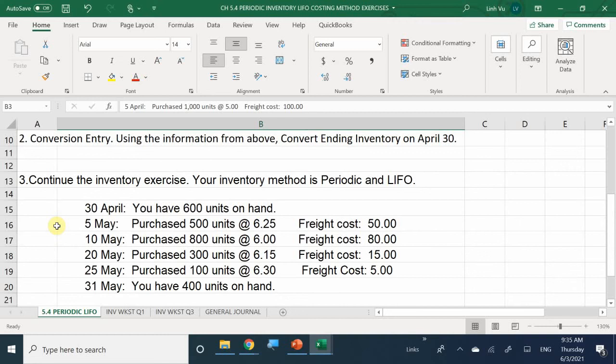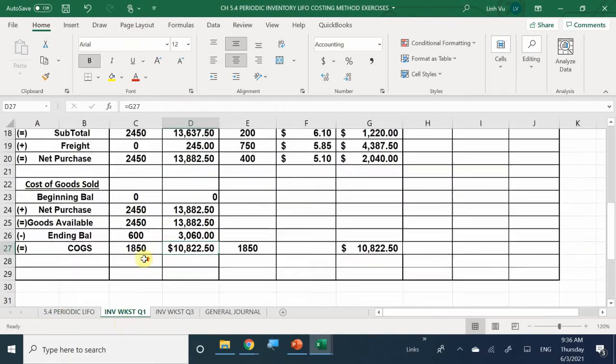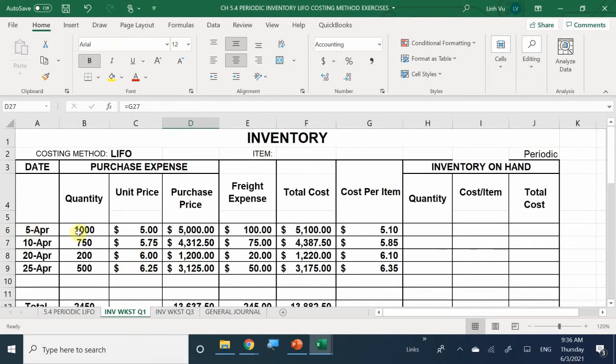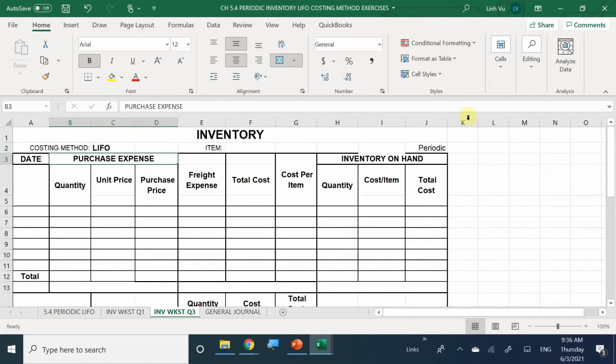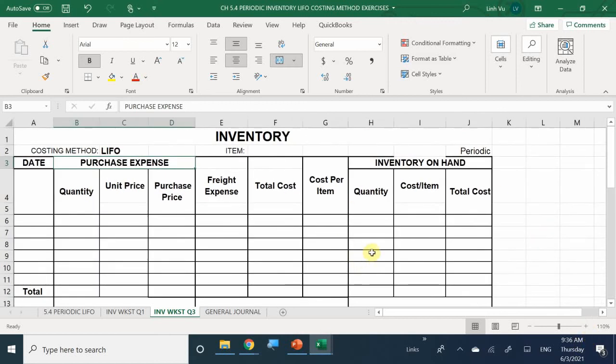So here it's indicated that on April 30th you should have a total of 600 units on hand, which we do. We solved it from our previous one. That means we're going to carry the 600 units at $5.10 each into our new inventory worksheet. So here's my new one. Right here, we're going to use our inventory on hand.